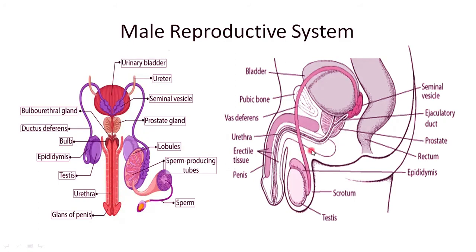Now see, this is the diagram of the male reproductive system. In this diagram, I am going to explain that this is the urinary bladder, and how the sperm is transferred, how the sperm passes through.